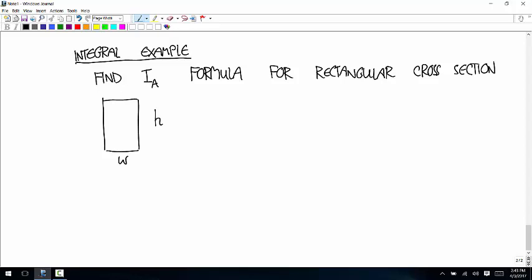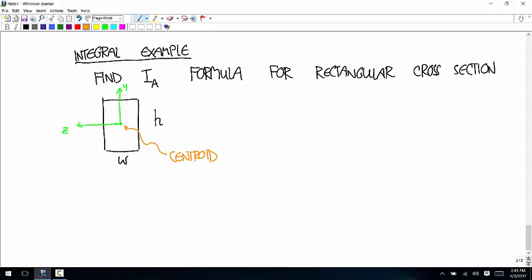First, we have to choose where the origin of our coordinate system goes, and we're going to put it right at the centroid. So the z-axis is like that, the y-axis is like that. That's the centroid because that's how you determine where the neutral axis is.